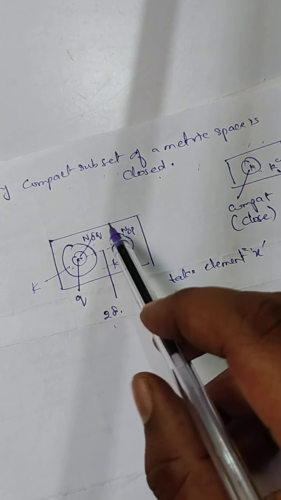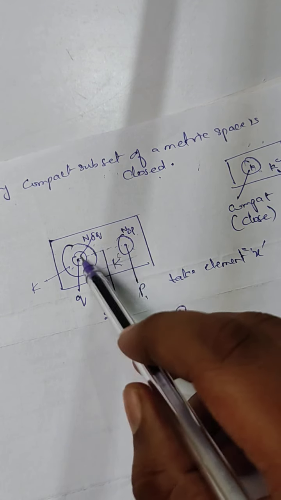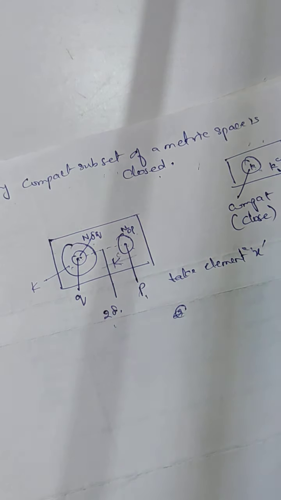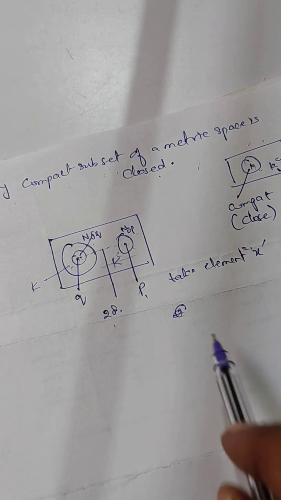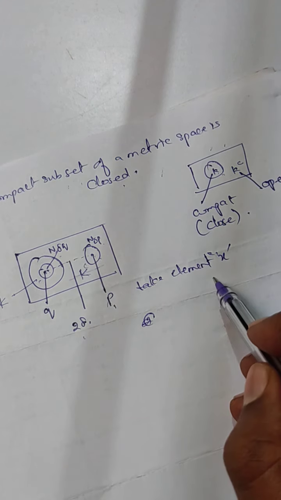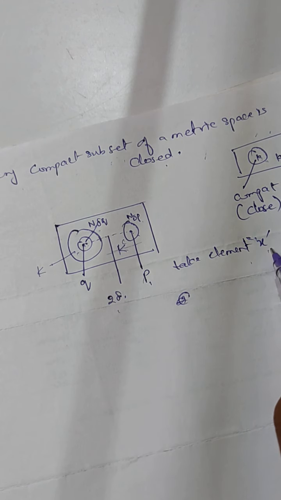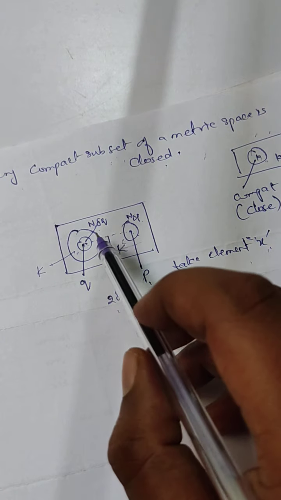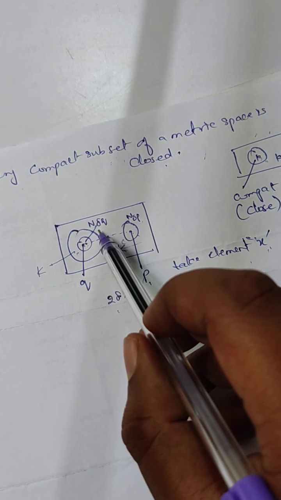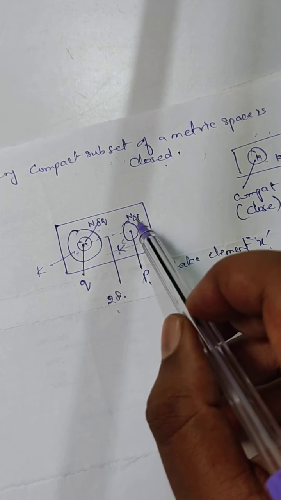Now we just have to prove that these two are open sets. This is the same ideology that we are using over here. Now we are taking a point or element X belonging to N_Q and N_P.